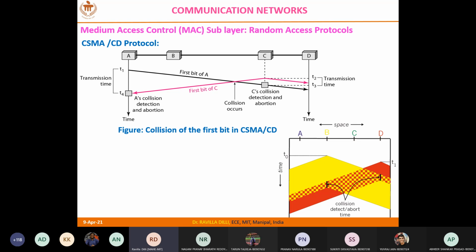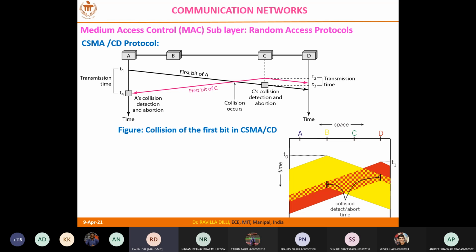Now at node D, just before arrival of the first bit of A, listen carefully, when D senses the channel, it looks idle. So D can transmit its frame.